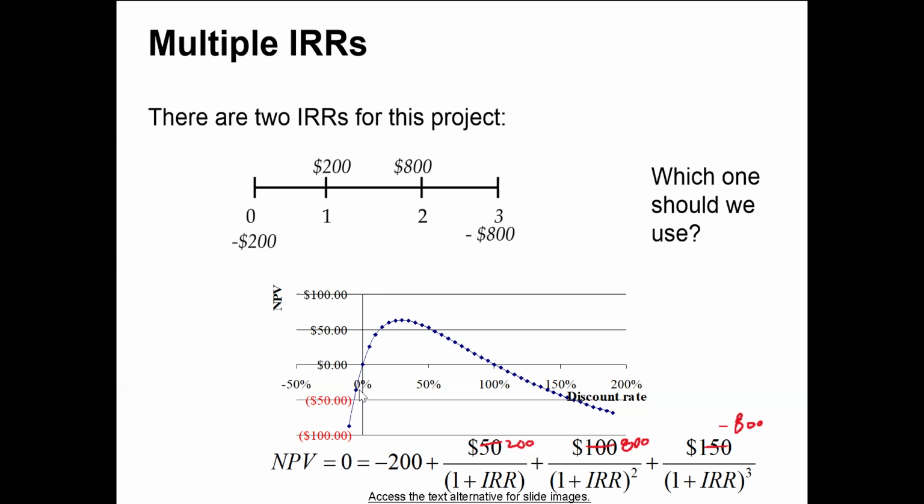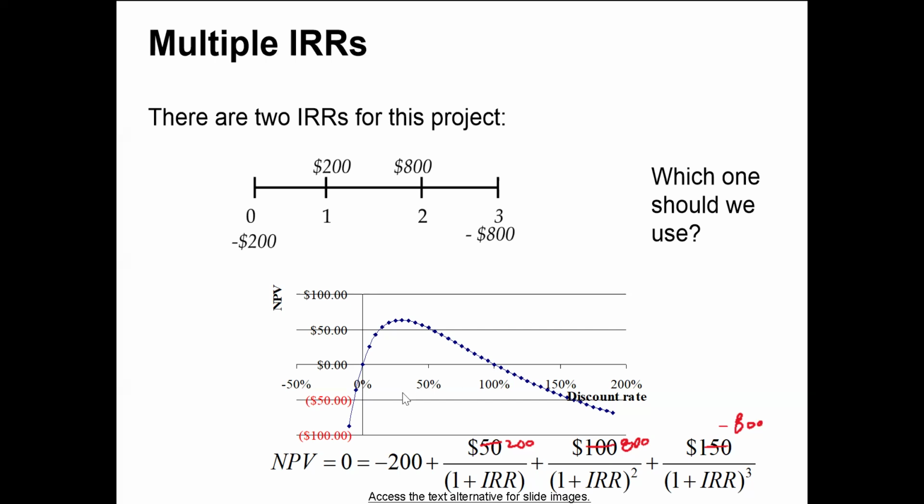First one is 0%. At 0%, it intercepts the x-axis, the discount rate, and 100%. Another IRR is 100%. It intercepts the x-axis.